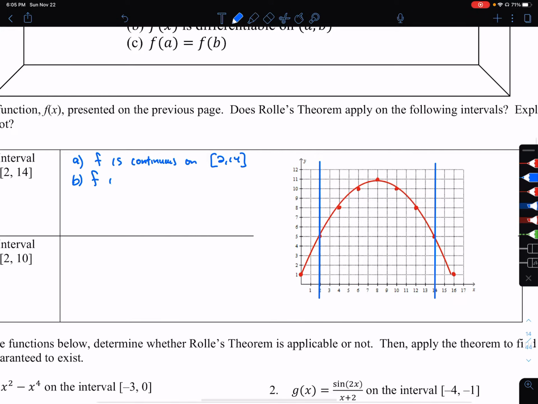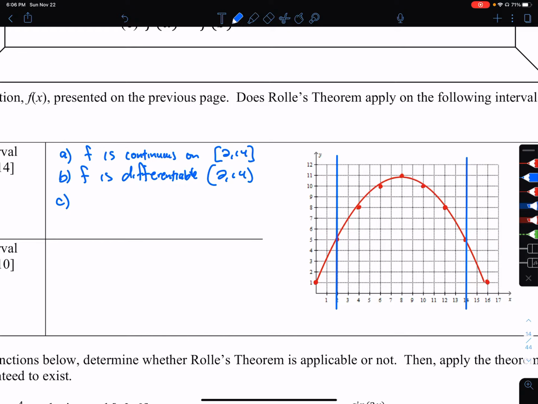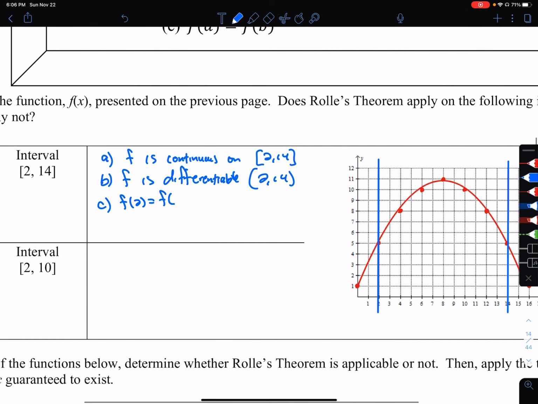So we would say f is differentiable on the open interval from 2 to 14. So we don't care about the endpoints for that. And then C, do the endpoints have the same height? Does f of 2 equal f of 14? It sure does, because they're both 5.